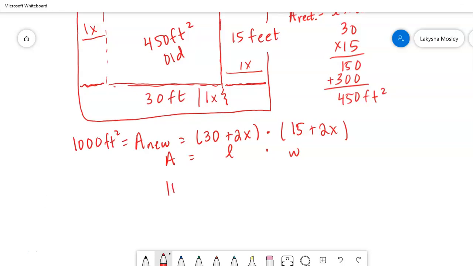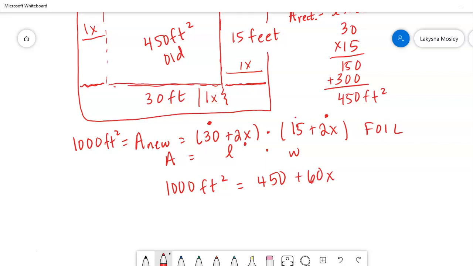Putting this all together, I have 1,000 feet squared is equal to, now I'm going to FOIL out these two binomials. I did the math earlier. My first two terms, 30 times 15, is 450. Now the outer terms give me 60x.